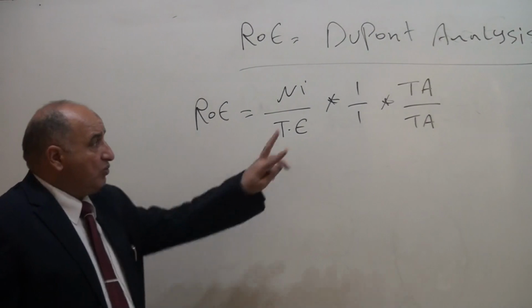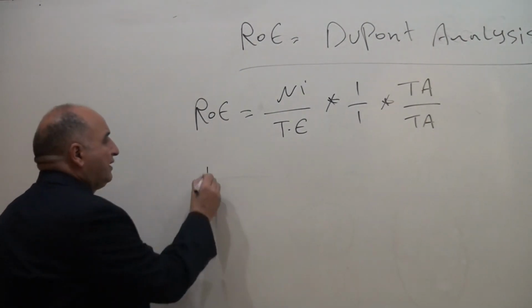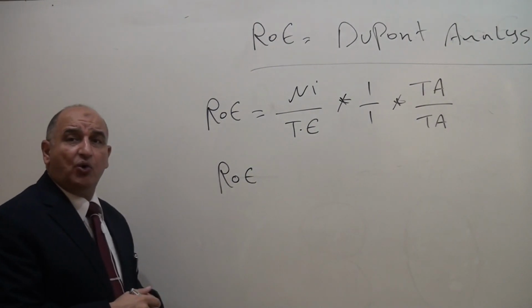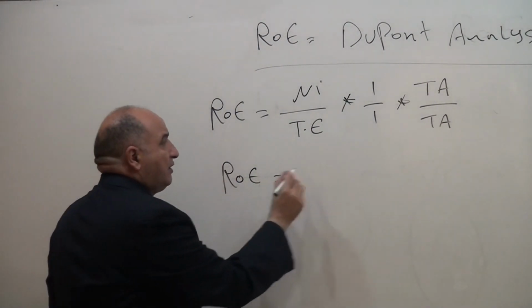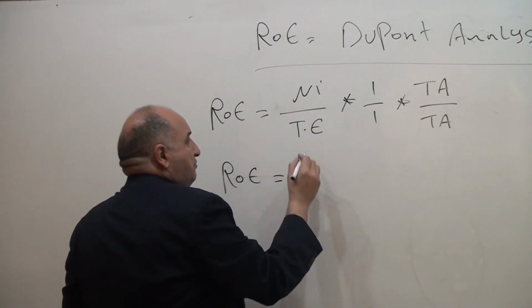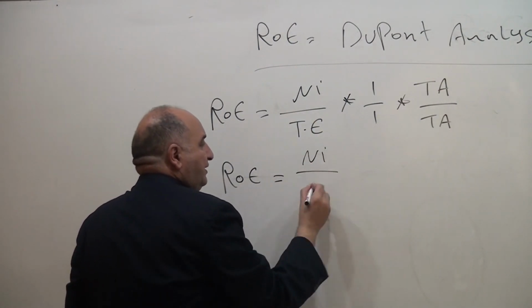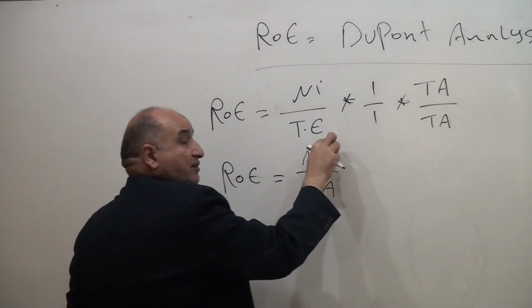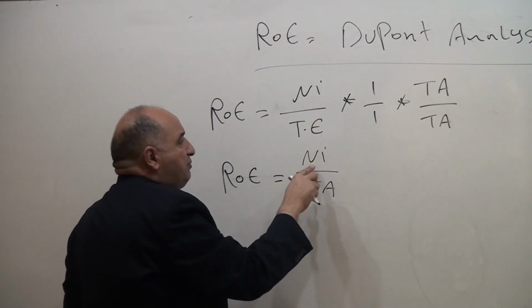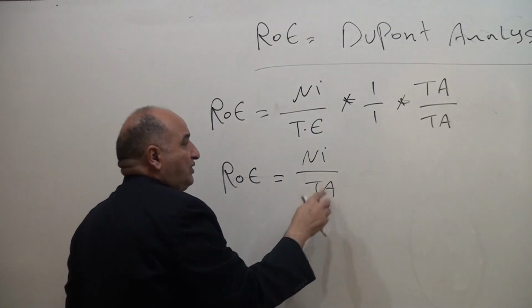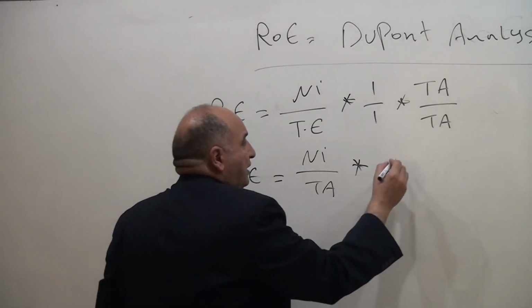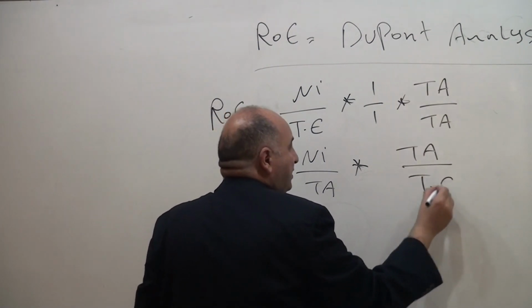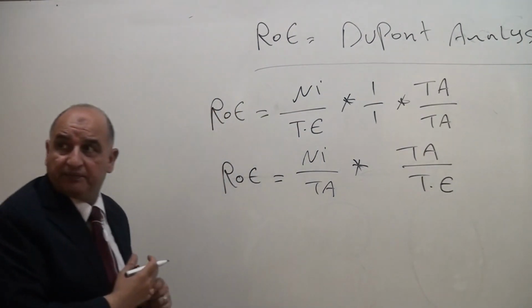So we can get another equation to calculate the ROE from this one. Mathematically there is no problem to shift this one instead of this one. So it will be net income divided by total assets multiplied by total assets divided by total equity.